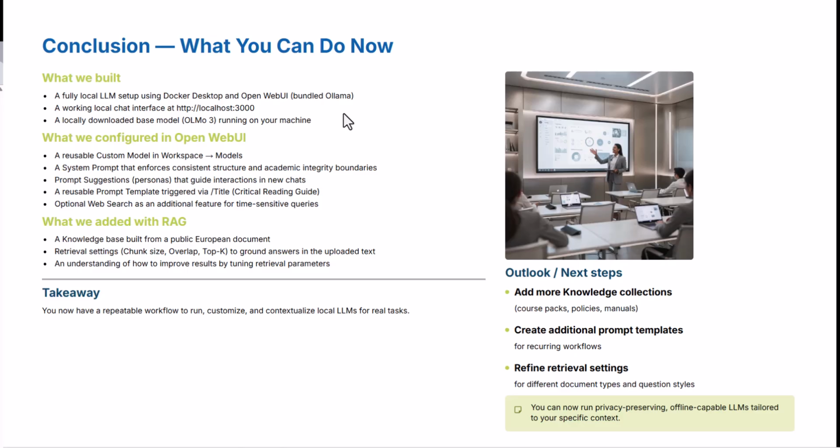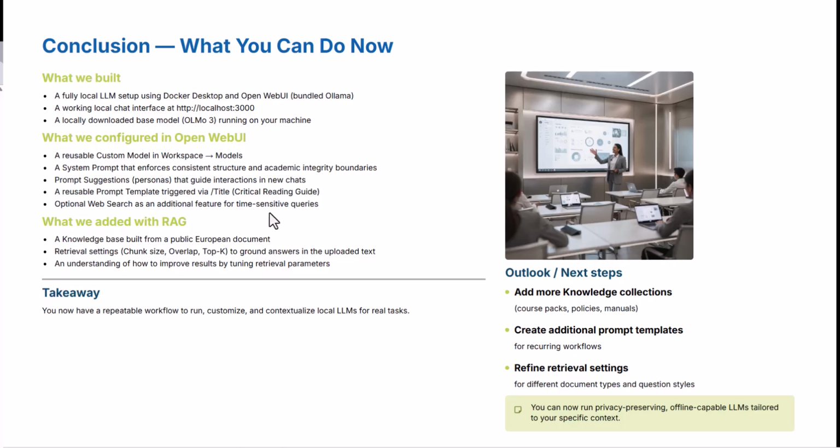Prompt suggestions were added as personas to guide users towards specific interaction styles at the beginning of a chat. A reusable prompt template was created and triggered via / command, demonstrating how repeatable workflows can be standardized and applied on demand. Web search was also introduced as an optional feature for situations where up-to-date information is required.